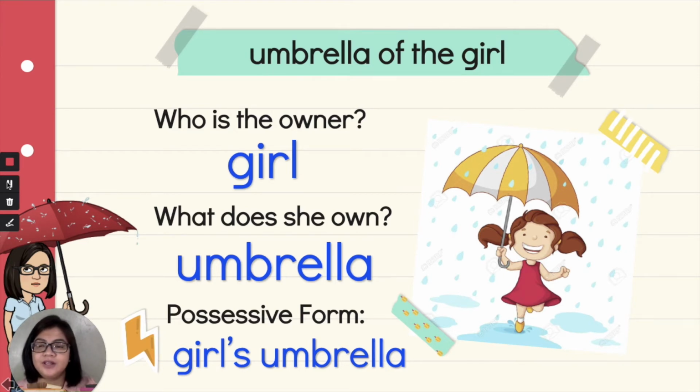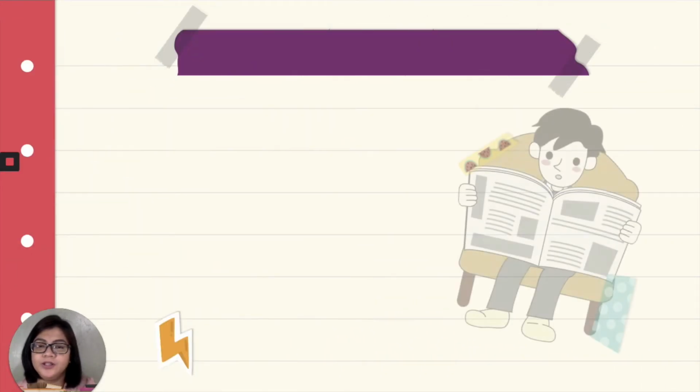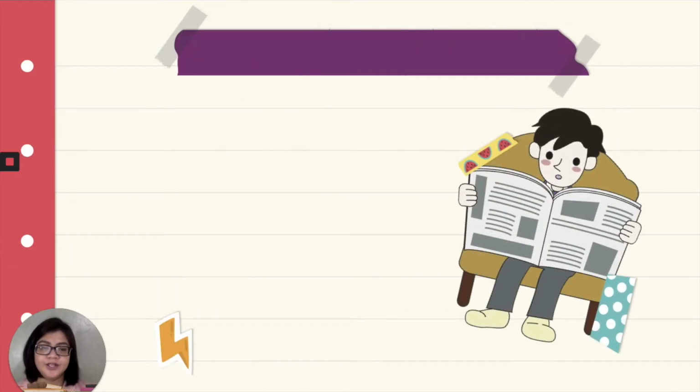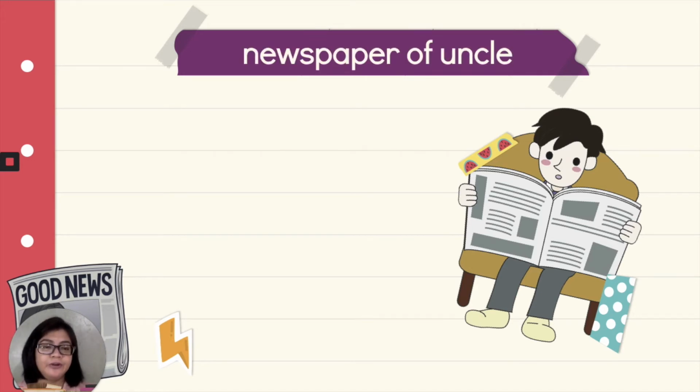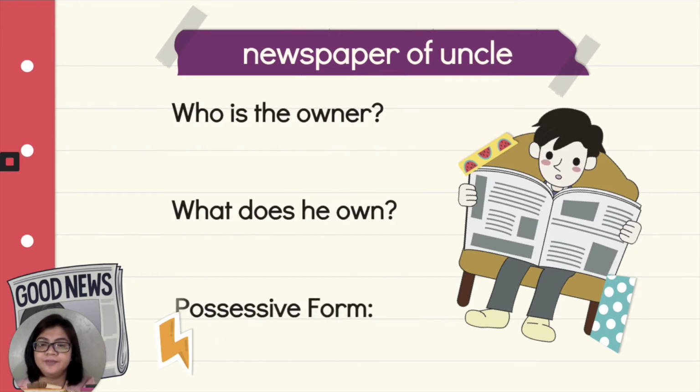Now let's look at our third example. So what can you see in the picture? There is a man holding a newspaper. Okay, so he's holding a newspaper. We can say that's the newspaper of Uncle. So let's have our two questions again.